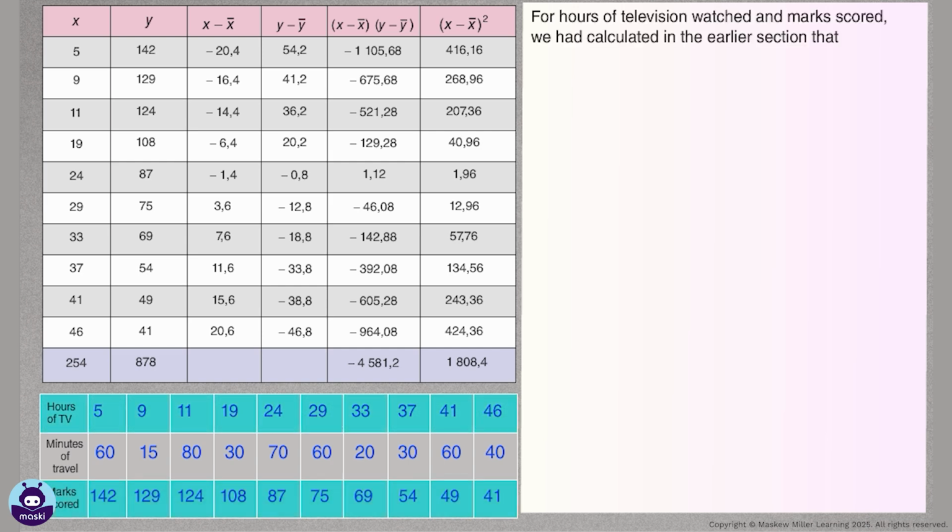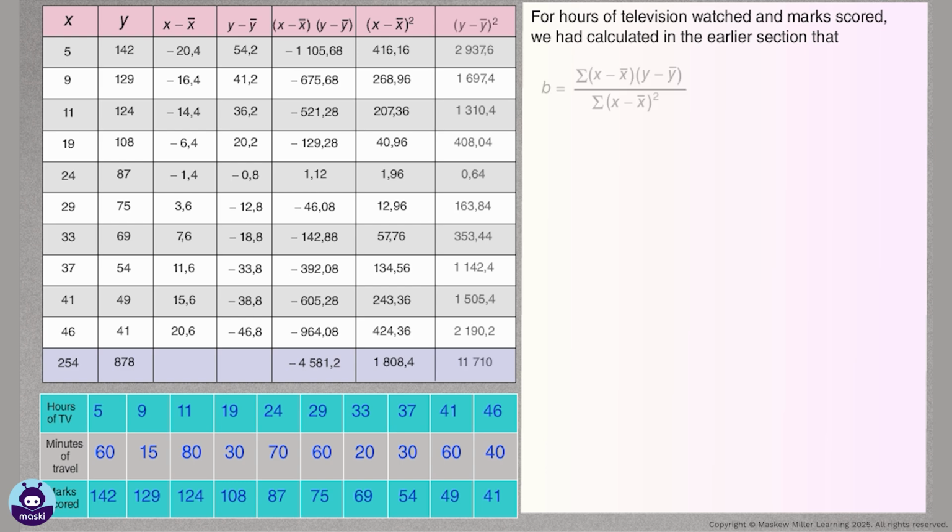For hours of television watched and marks scored, we had calculated in the earlier section that b is equal to the summation of (x minus x bar) times (y minus y bar) all over the summation of (x minus x bar) the whole squared, which is equal to -4,581,2 over 1,808,4, which is equal to -2,53.